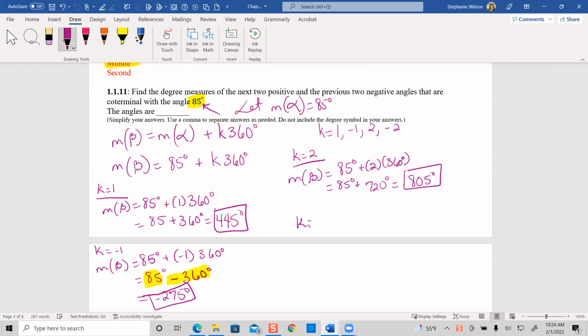Now, when K is equal to -2, we get the measure of beta is equal to 85 degrees plus -2 times that 360 degrees. All right, so negative times positive is negative. 2 times 360 is 720 degrees. And now we're going to subtract.